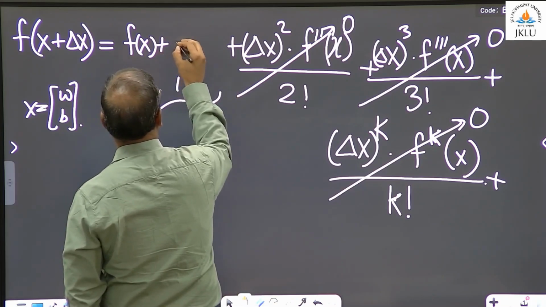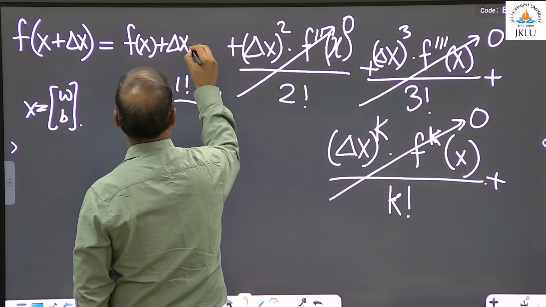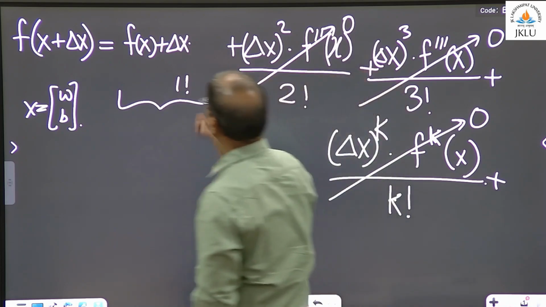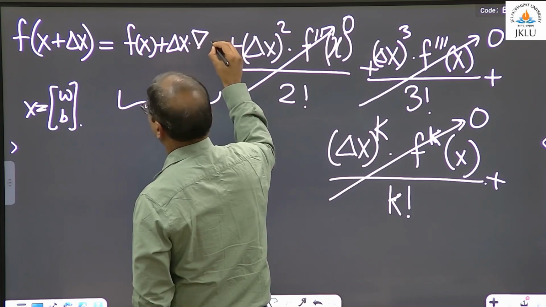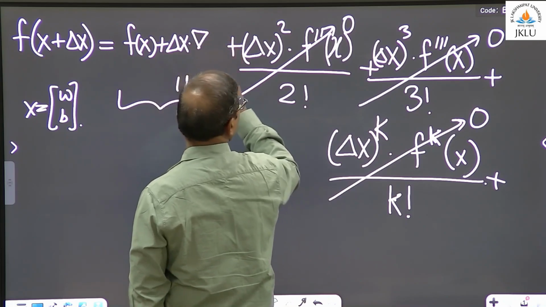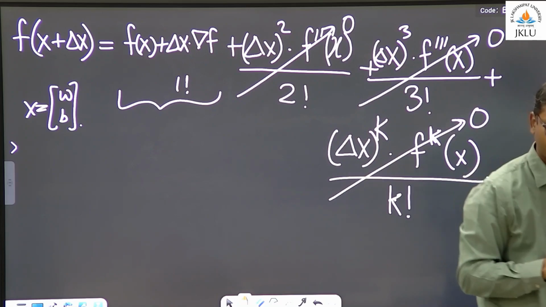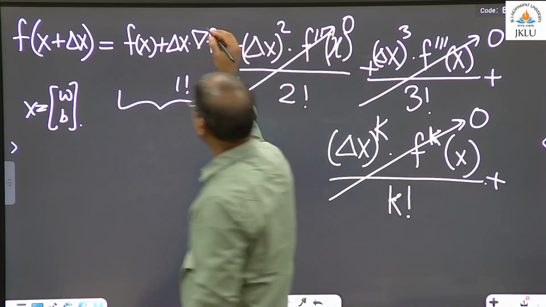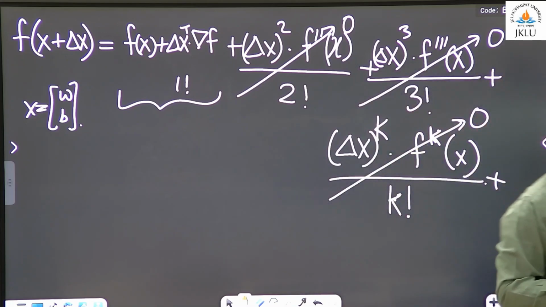Plus what will happen? Delta x dot del f. Now delta x is your vector, del f is your vector, so this must be a transpose. Is this fine?